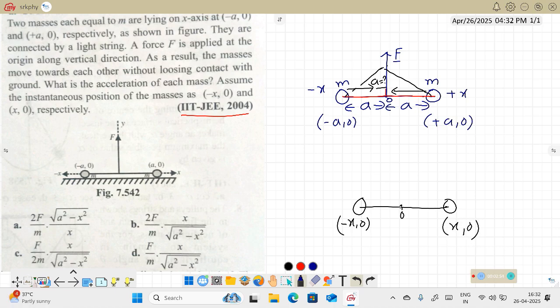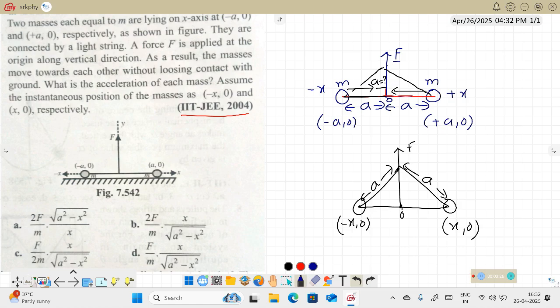Since we apply the force on the string, the string is modified like this. Before, the string length was A, and whenever it is pulled by force F, the string length changes.